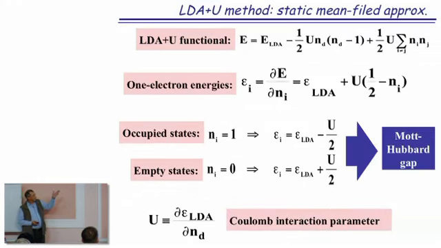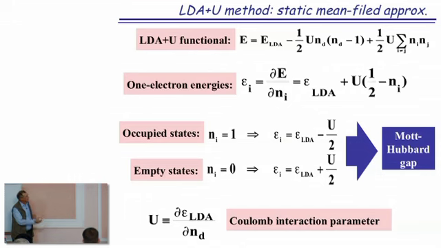Now, that is the simplest form of LDA+U, the static mean-field approximation, where occupancy operators are replaced by average numbers, occupancies. The average value of the occupancy operator is the occupancy, it's a number. That is why it's called static mean-field, because we use just a number, an average number, independent of energy, time, and so on.